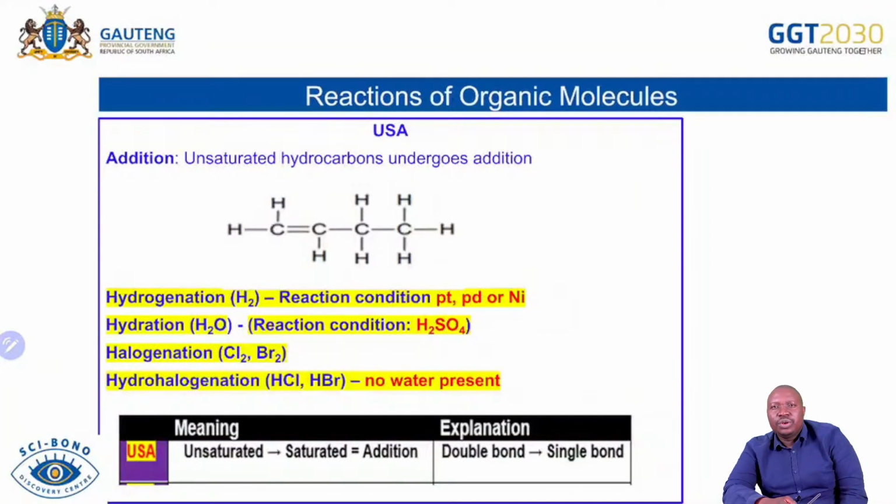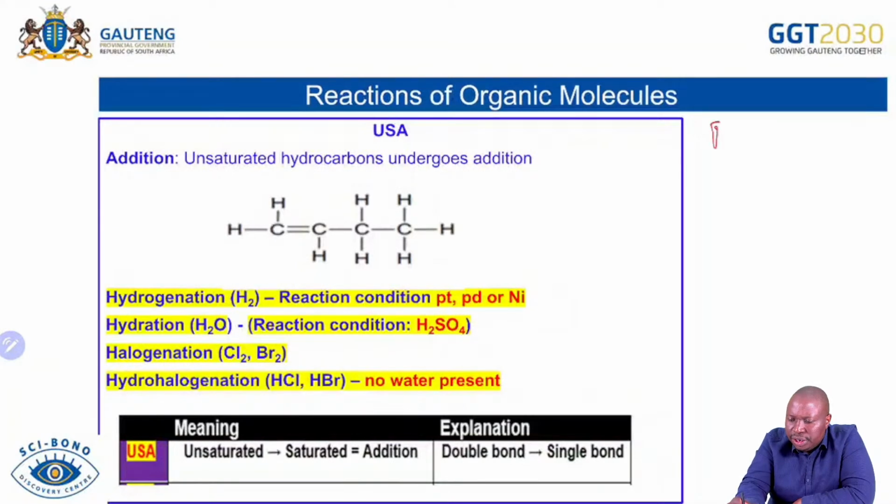Let's go to the last question, which is question 4. Which are the reactions of organic molecules? Now, here in technical science, we do addition reactions. That's what we do. We do substitution reactions.